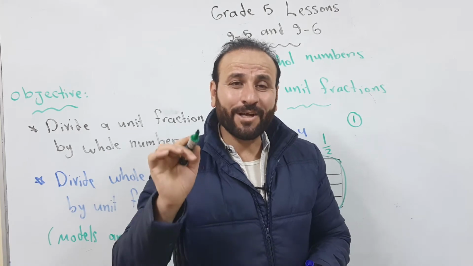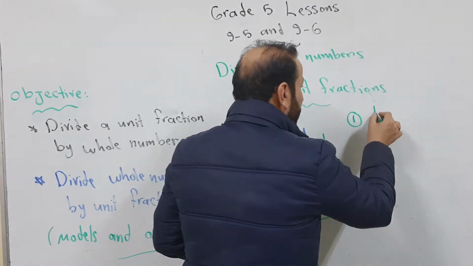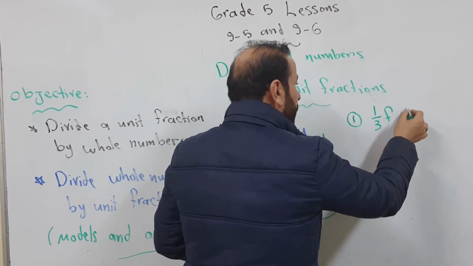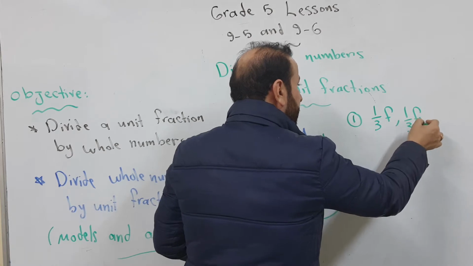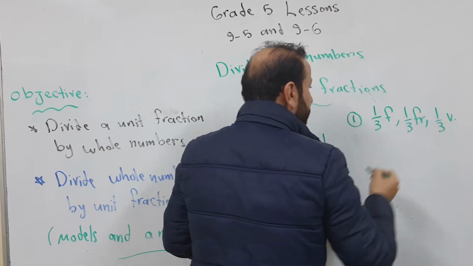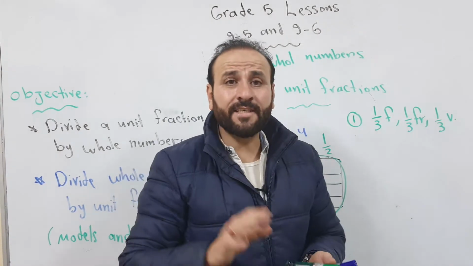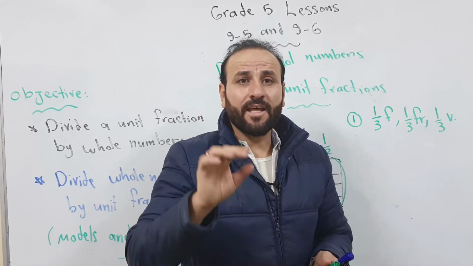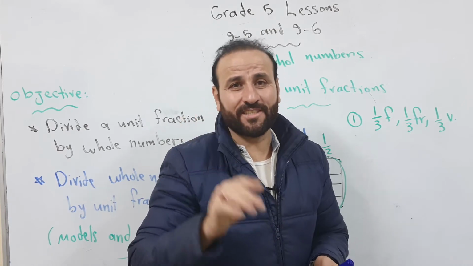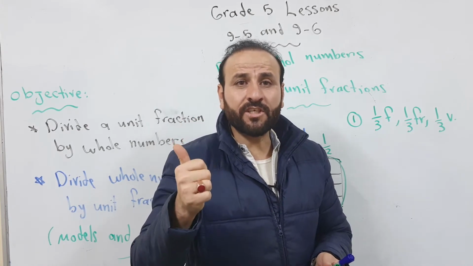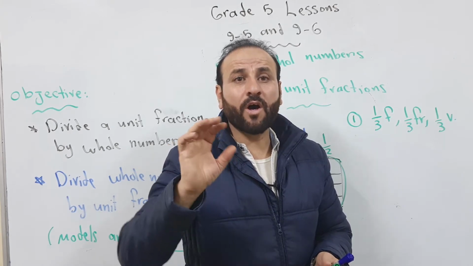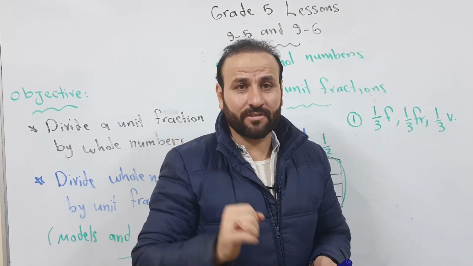So I can say 1 over 3 of the garden is for flowers, 1 over 3 for fruits, and 1 over 3 for vegetables. Now if I say the vegetable part is divided into 4 sections, and one of these sections is carrot, what fraction of the whole garden is the carrot?